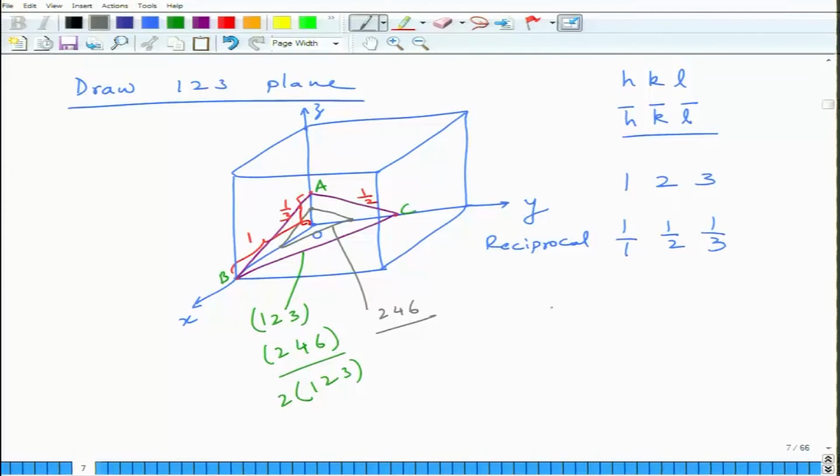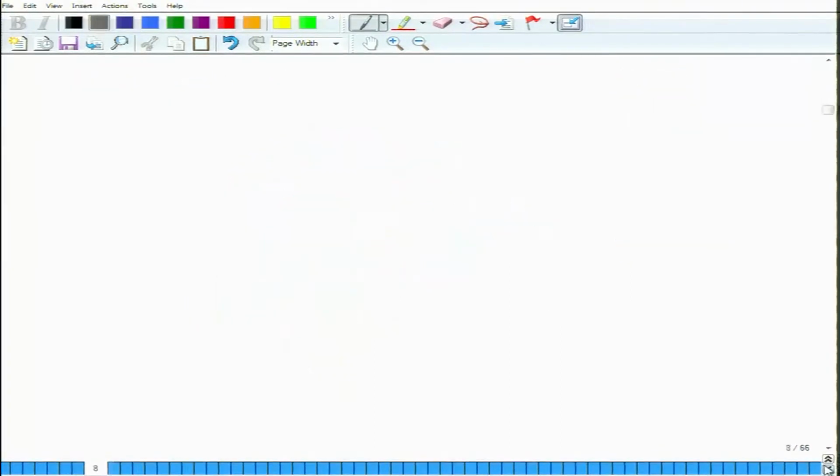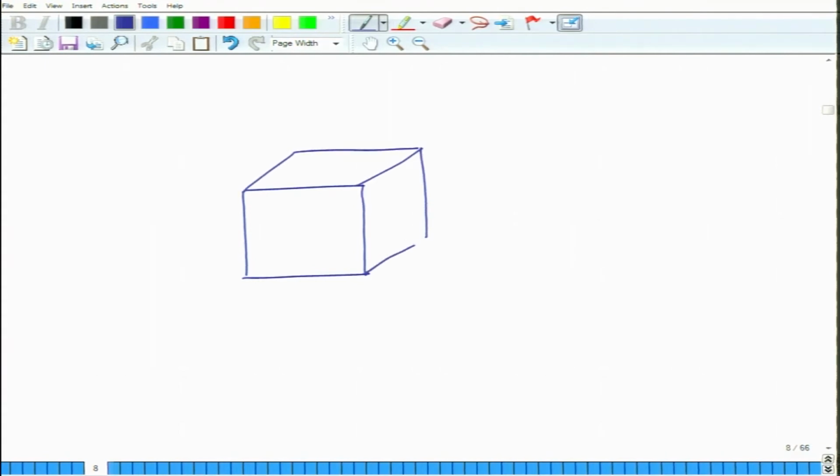Now, let us say I want to draw a plane which has a negative index. So, I draw a unit cell. Let us say I want to draw the 1 bar 1 0 plane.